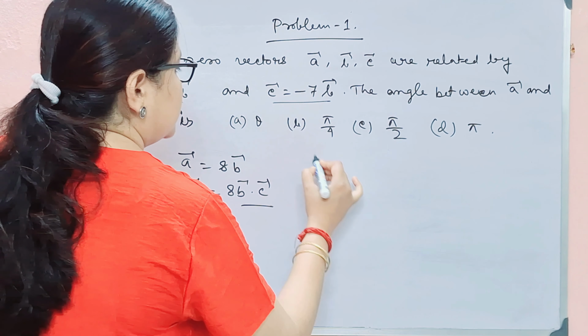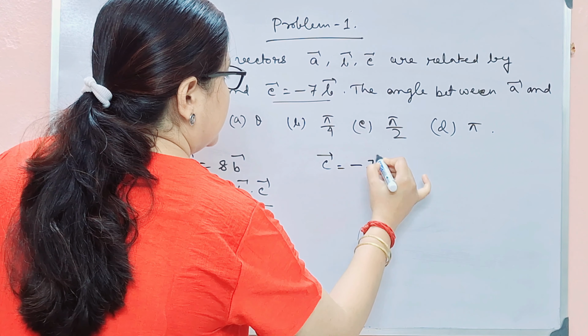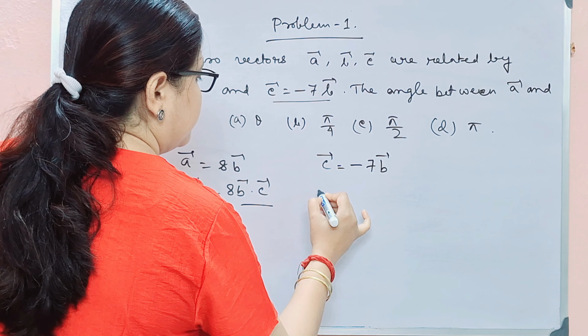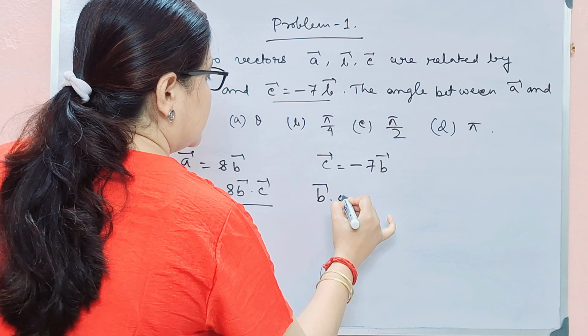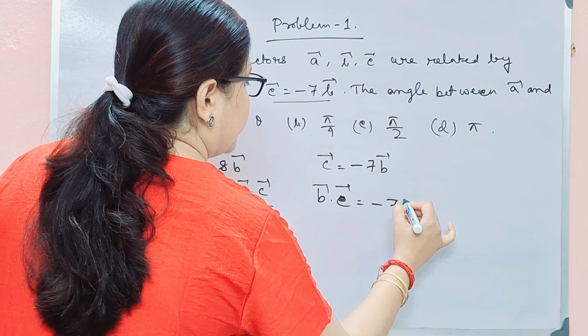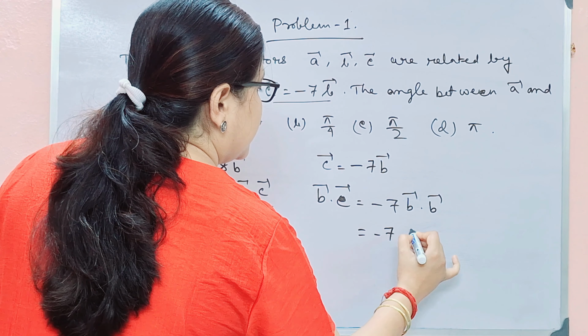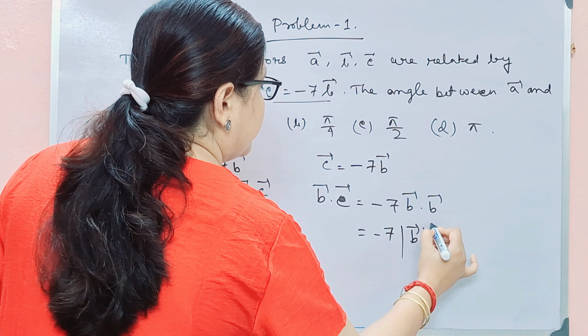Now from this equation I can get C equals minus 7B, therefore B dot C equals minus 7 B dot B, that is minus 7 vector B whole square.